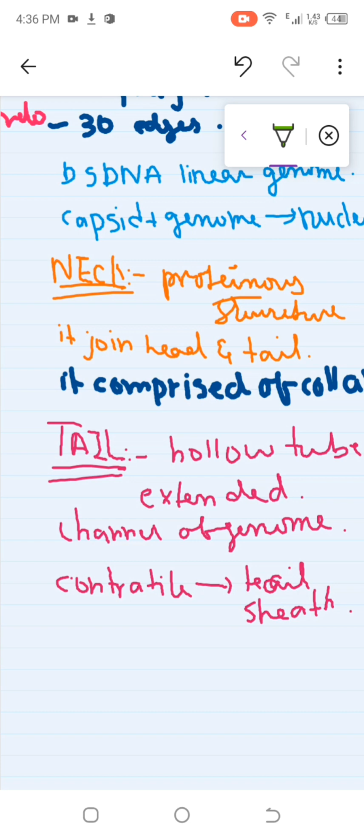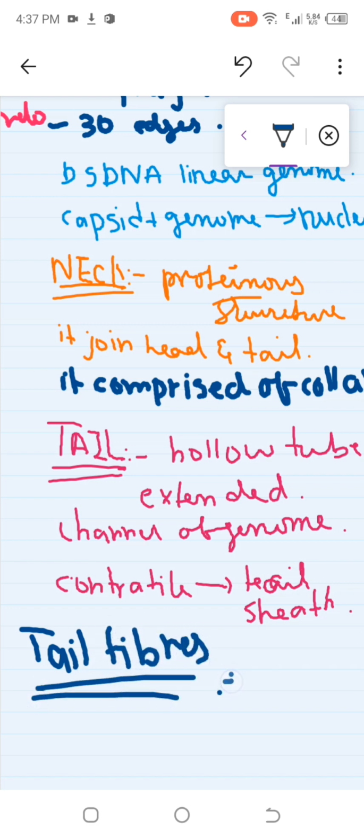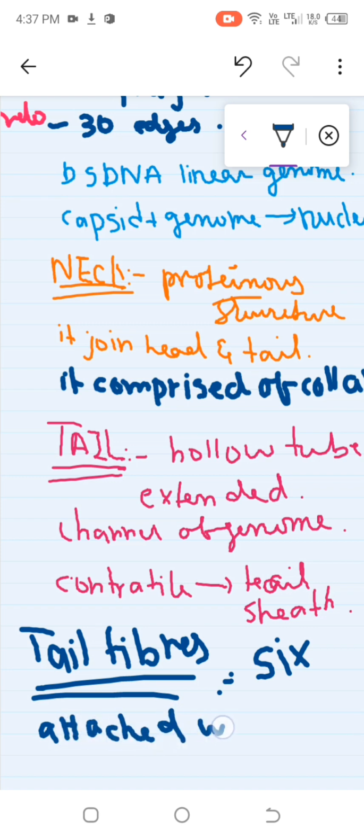Another thing we have is tail fibers. Now there is a big role of tail fibers. Tail fibers are basically six in number, and they attach to the end plate. It provides a strong attachment of the tail with the host cell.